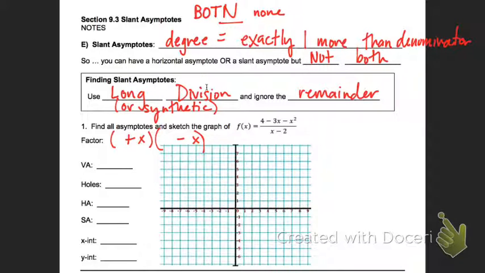Well, what are multiples of 4? 4 and 1 or 2 and 2? 4 and 1. We can try 4 and 1. So let's put the 4 first. Positive 4, negative 1. Does that work? It becomes 4 minus 4x plus 1x, so that becomes a negative 3x minus x squared.